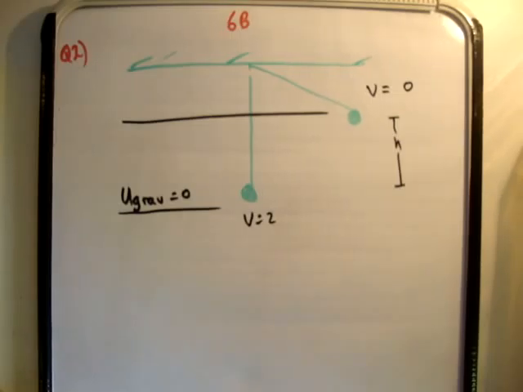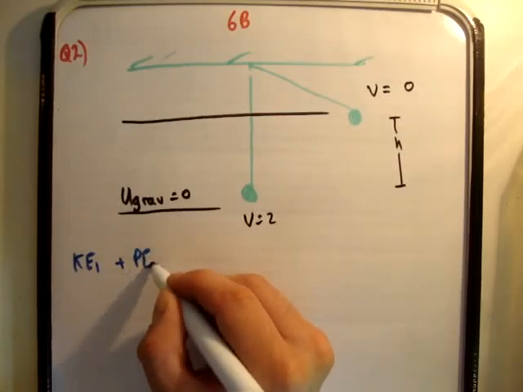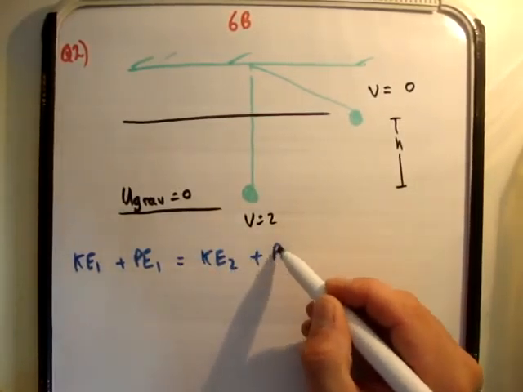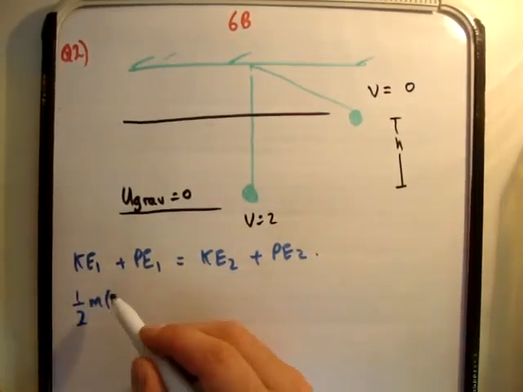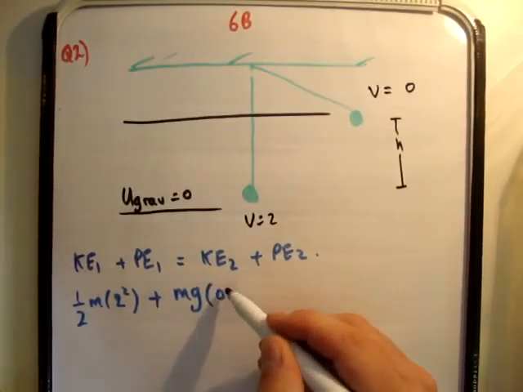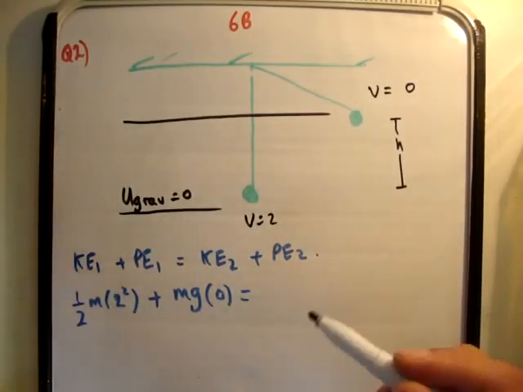So let's apply the principle of conservation of energy, or the law, I suppose, of conservation of energy. So we're going to get that KE1 plus PE1 is equal to KE2 plus PE2. So it's going to be half m times 2 squared plus mg times 0 is equal to, now remember I said 0 because this is the 0 point in the gravitational field, so its height is 0, we'll say.